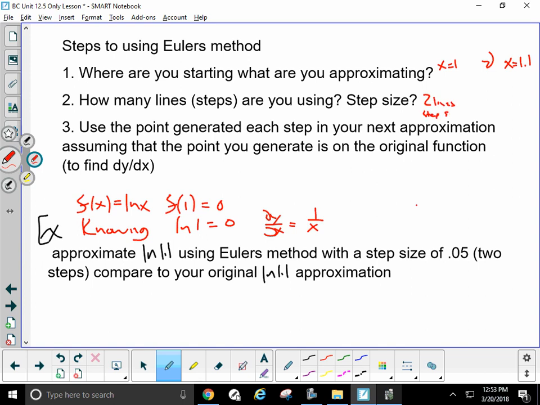Our step size is 0.05, which means my first tangent line is going to be at x equals 1. My second will be at x equals 1.05. That one will be used to get to our f of 1.1 approximation.